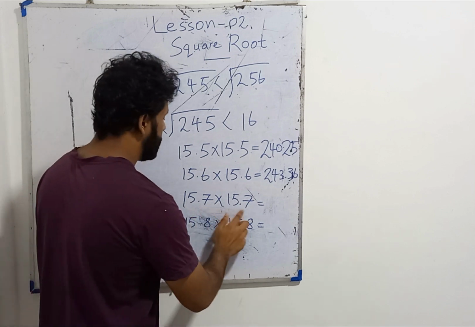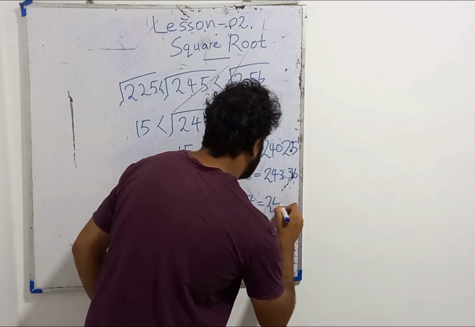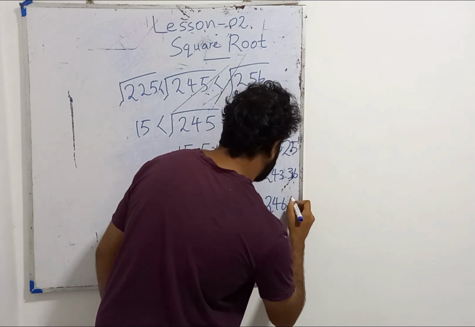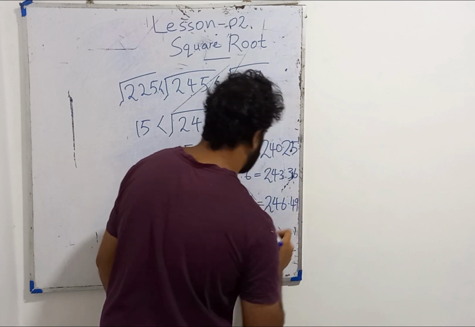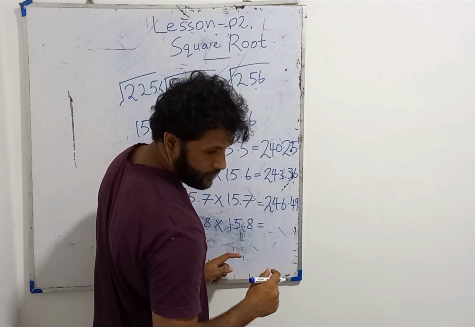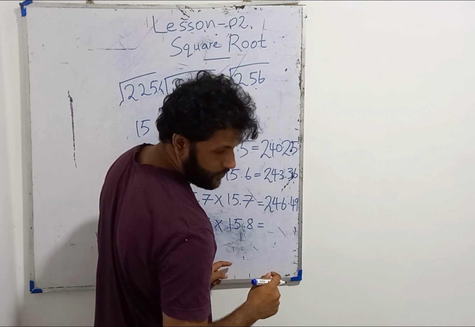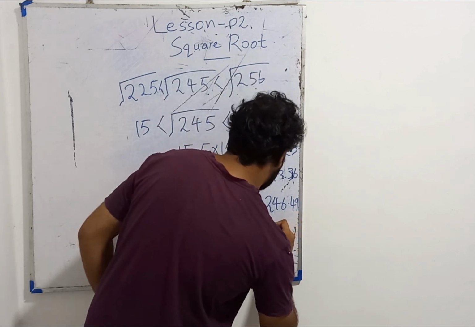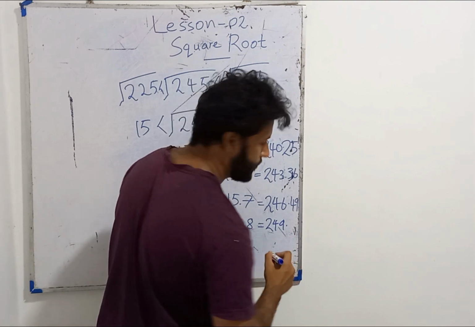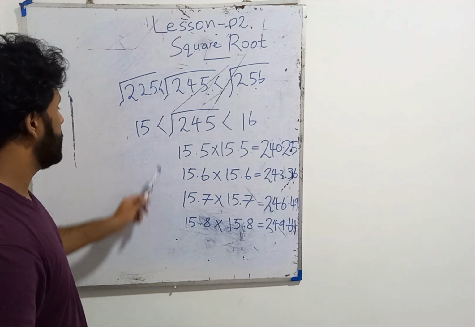15.7 into 15.7 is 246.49. Then 15.8 is 249.64.